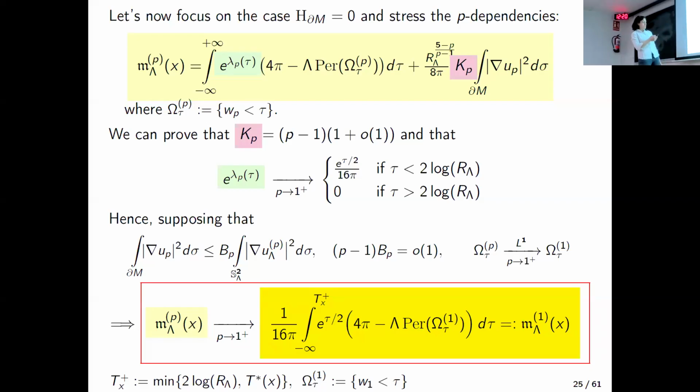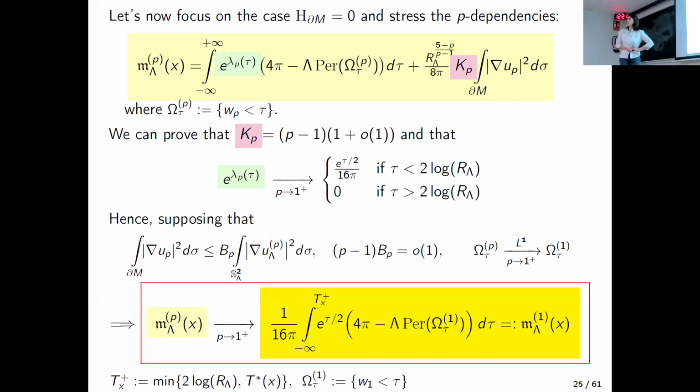But when you take this exponent e to the lambda p and let p tend to 1, you have this flattening that happens from some time on, okay? And so this is the one harmonic.